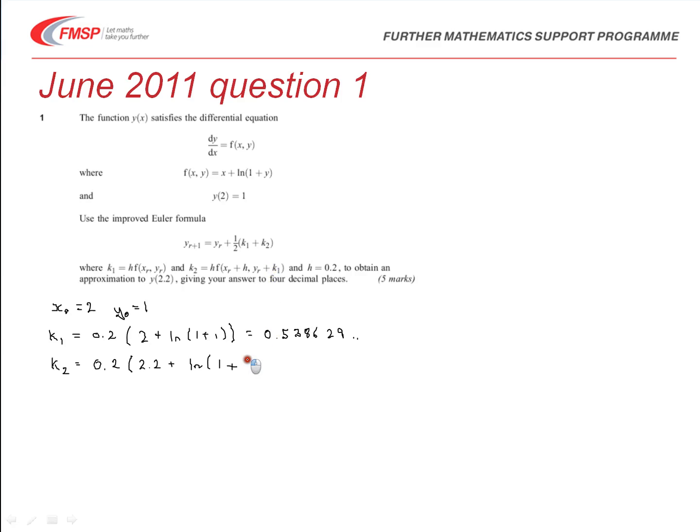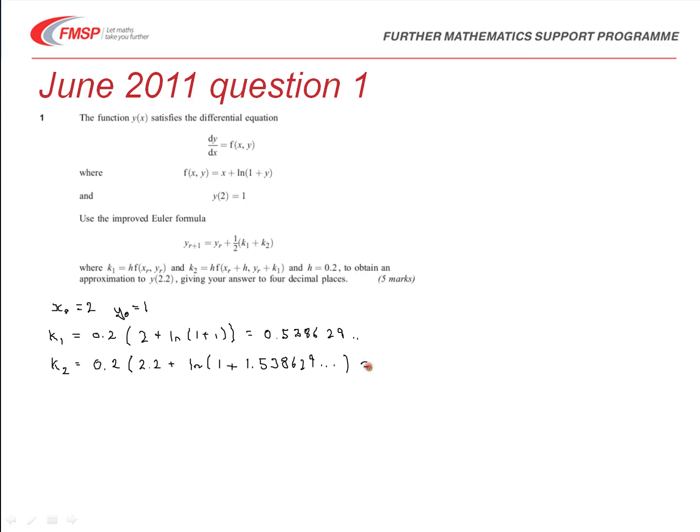So this becomes 1 plus k1, which is 1.153869. That's where we would need to use the value on our calculator that we've got from the previous part.